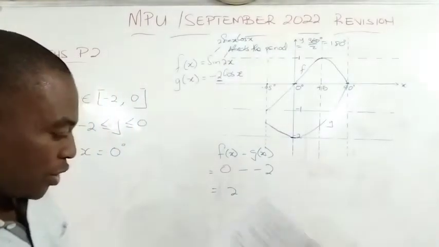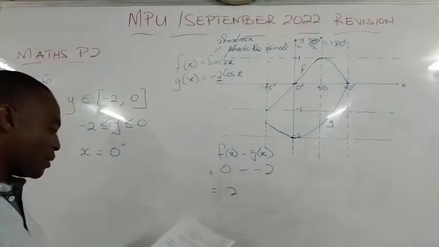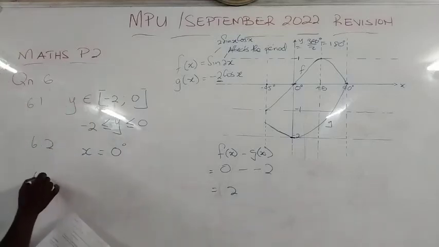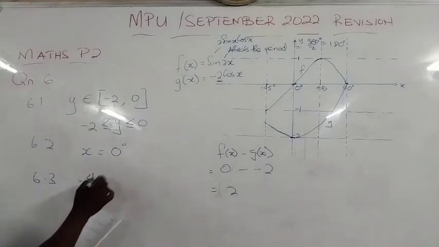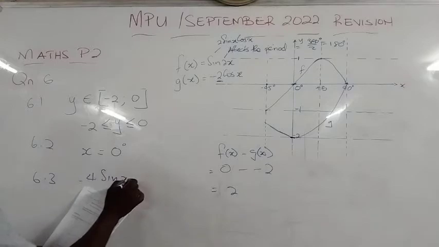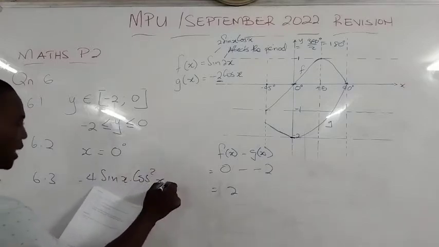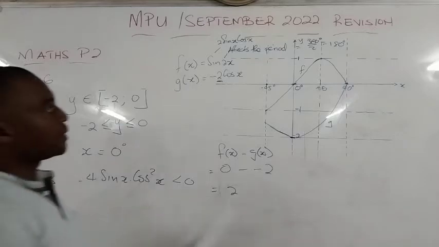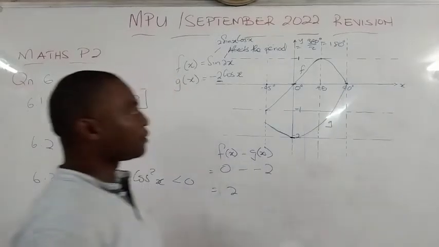6.3, for which values of x is negative 4 sine x times cos squared x less than 0 in the same interval.